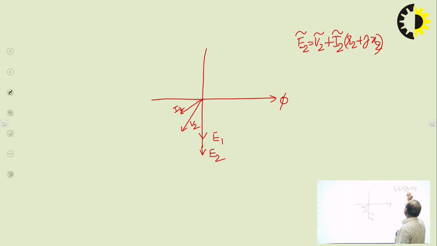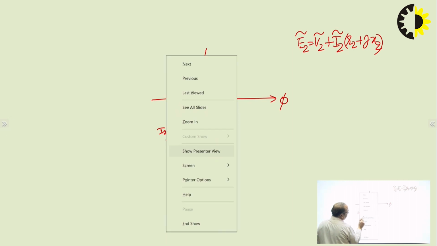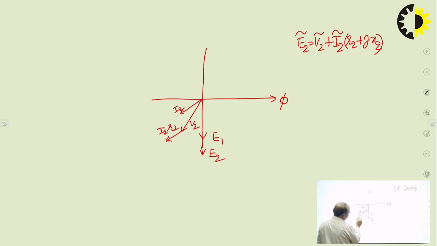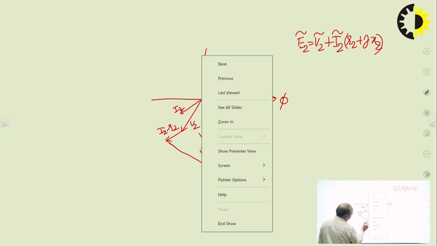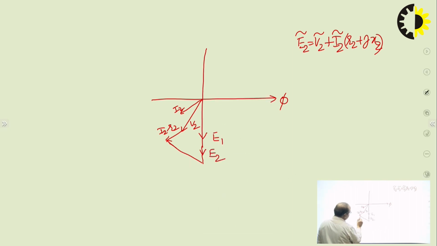That is, V2 plus I2 into R2 plus jX2 is E2. So if we take it in the phasor diagram, I2 R2 will be in phase with I2, as per earlier discussion. So I2 R2 will be along this side, parallel to I2, and I2 X2 will be leading I2 by 90 degrees, which we have already discussed. So I2 X2 will be this, leading I2 by 90 degrees. If we see it, this angle is 90 degrees.